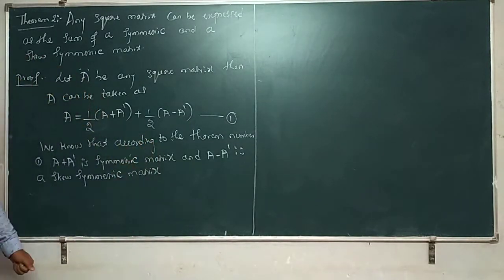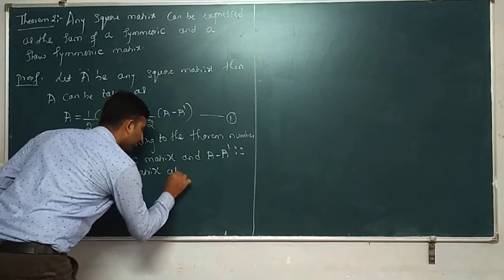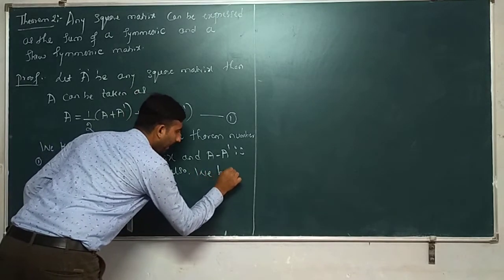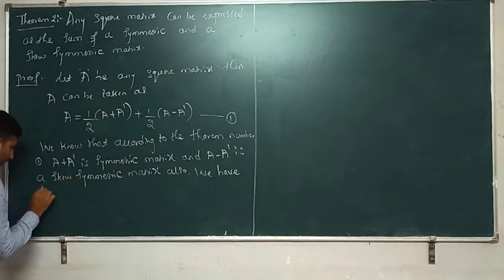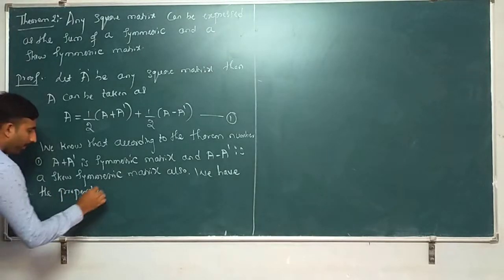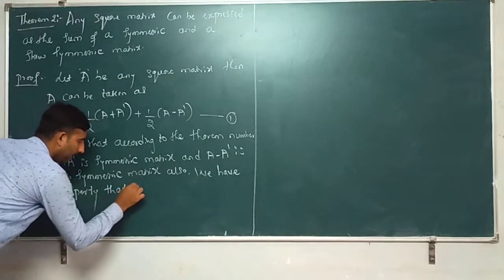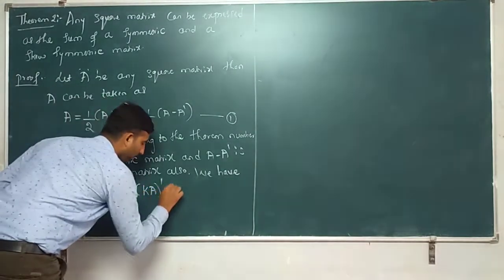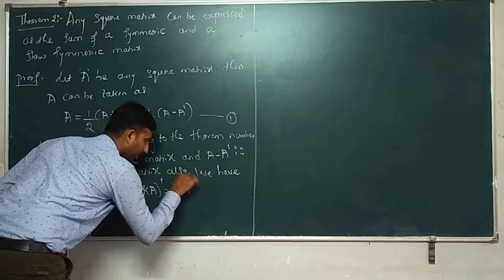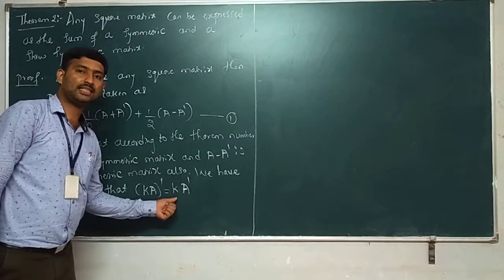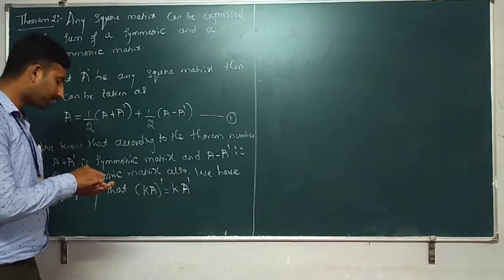A minus A dash is a skew symmetric matrix. Also, we have the property that K into A whole dash is equal to K A dash.